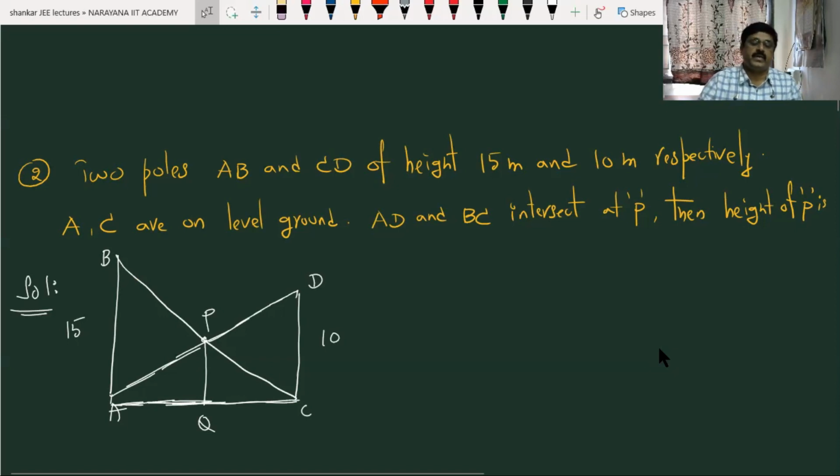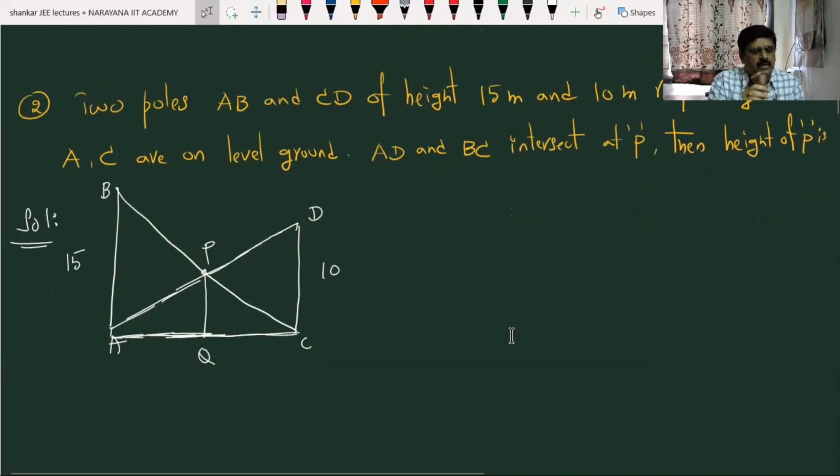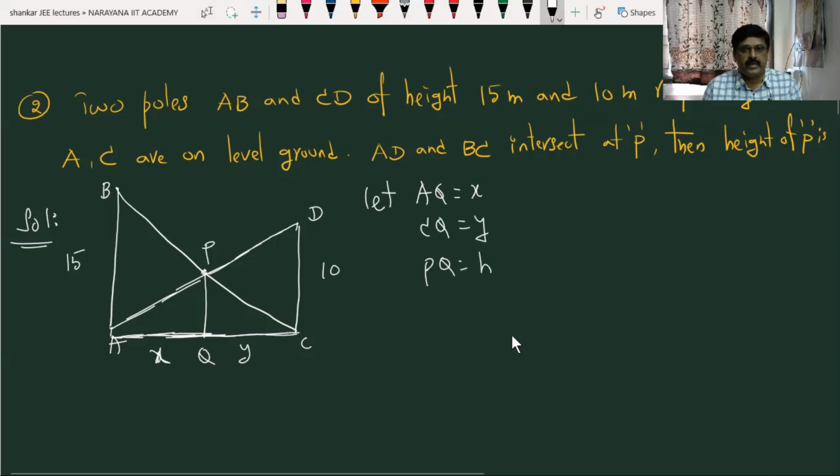So see this figure carefully. Interestingly, this problem is given with a simple twist based on similar triangles, students. I take this is some x, this some y. Let AQ is equal to x and CQ is equal to y and PQ is equal to H. Our task is H, students.